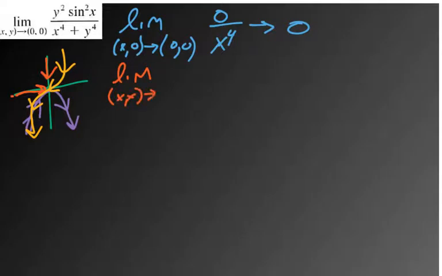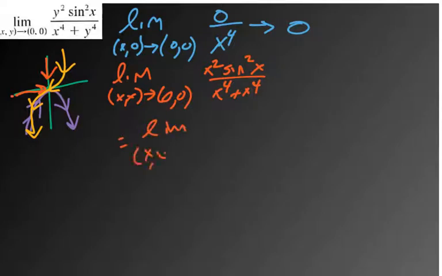So if I come in on y equals x to the origin, the surface I have would simplify to this, and then it would simplify even more, so you'll have 2x to the fourth on the bottom, and then you can simplify that with x squared.